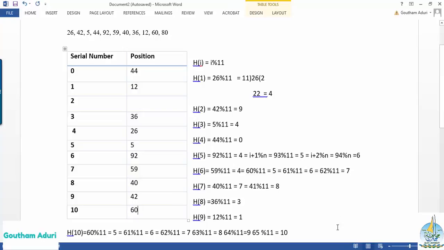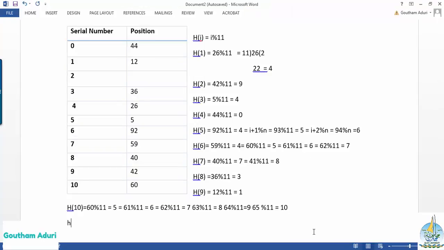Now the last one is 80, so H of 11 is 80 mod 11, so it's also going to be the same thing. So whatever is 77 3, I have to increment it by 1. 81 mod 11, so it's 77 4, it's 82 mod 11, so it's going to be 77 plus, it's going to be 5, and then now increment it by 3, so it's 6.